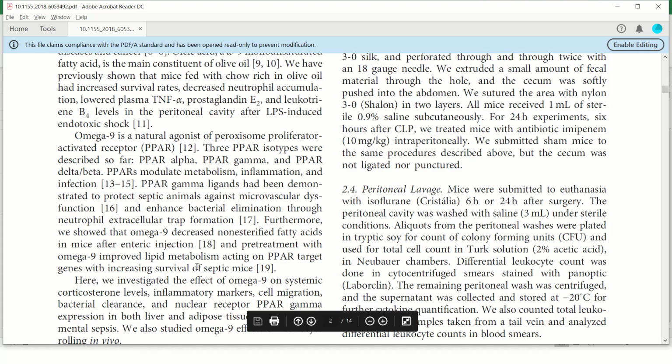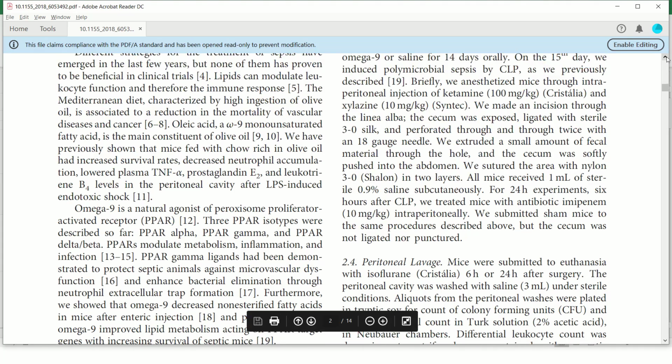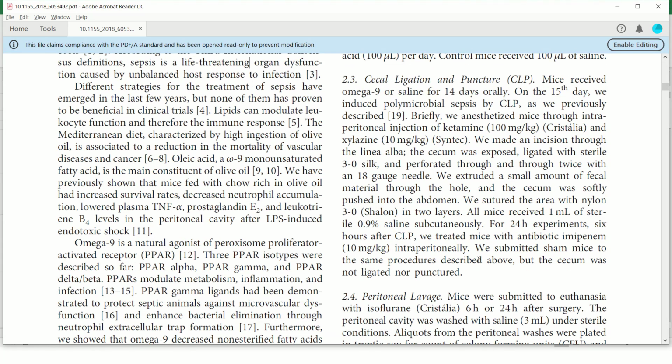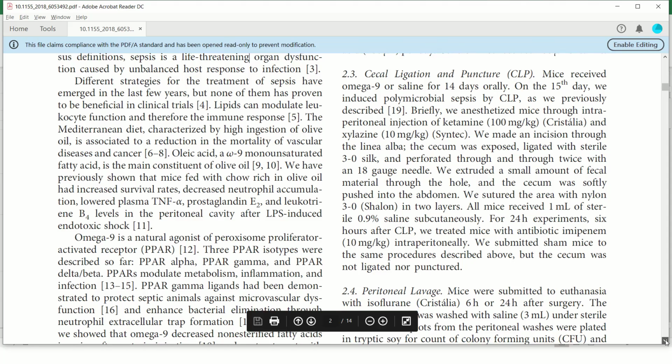But why? How did they know that the mice had sepsis? Okay, so they did that, and then they did a peritoneal lavage.